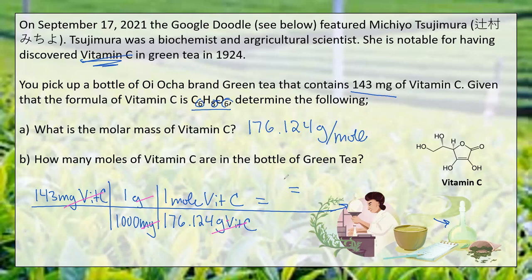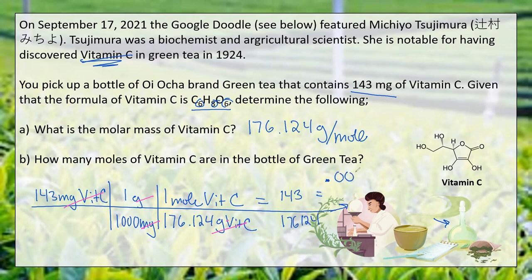So if I do that, I get 143 times 1 times 1 over 1,000 times 176.124. And I get a decimal off my calculator, right?